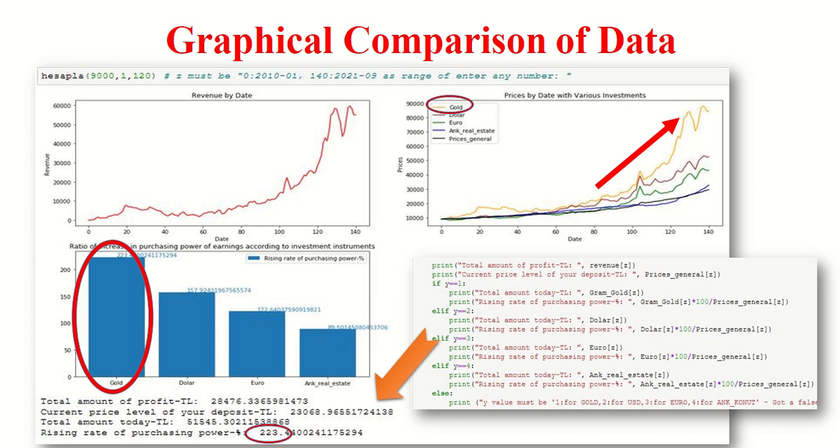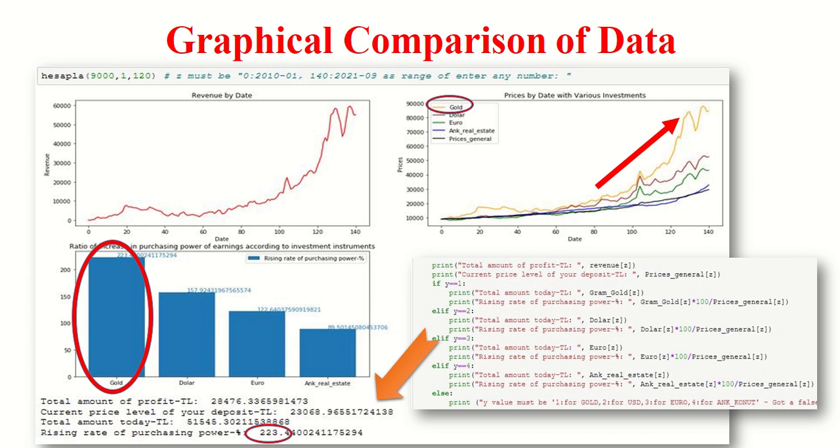In this comparison, first of all, how much money the selected investment instruments save against the general price level, then the increase graphs of all investment instruments, and finally, how much personal welfare increased by the 4 investment instruments against the general price level are visualized.